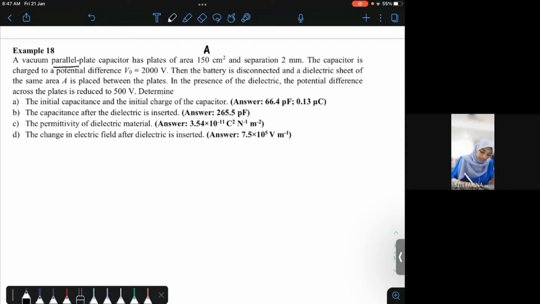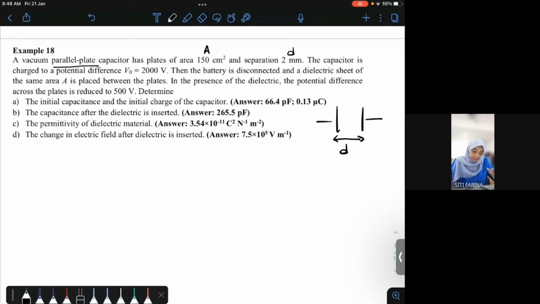Parallel plates. Dia kata a vacuum parallel plate capacitor has a plate of separation 2 mm. Maksudnya jarak antara the plate is 2 mm, which means dia adalah sebenarnya your D. Okay, this is your D here.